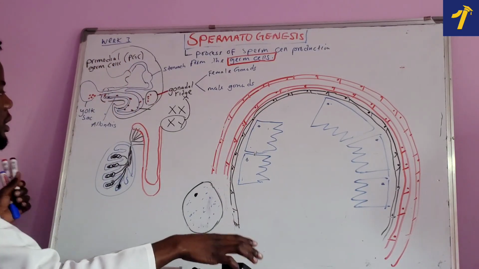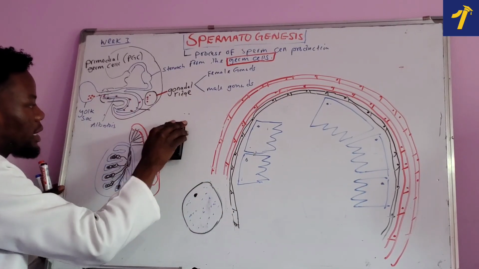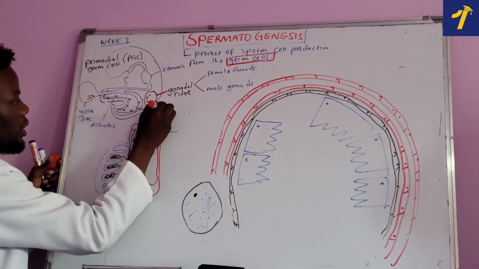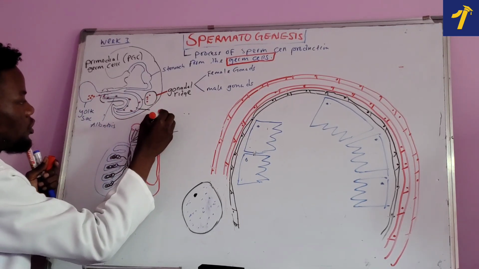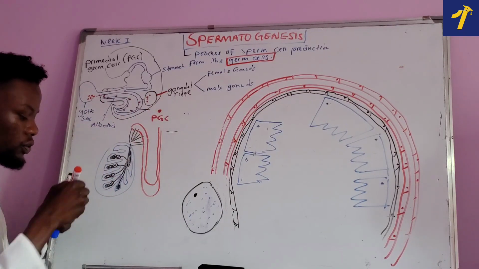So pay attention to this. Again, what we're simply saying is that these primordial germ cells, let's just say PGC, carry the Y chromosome.